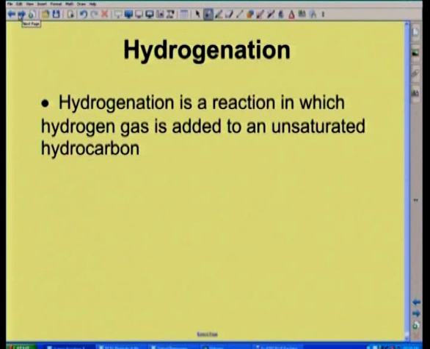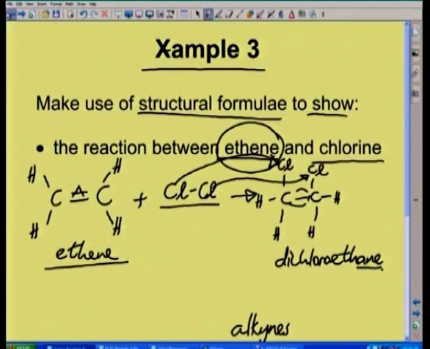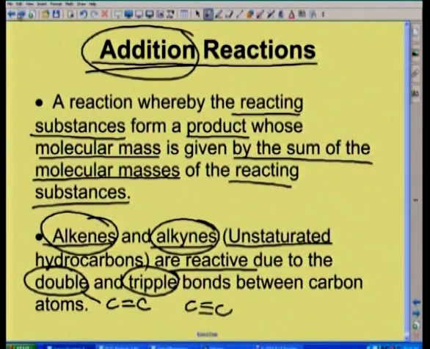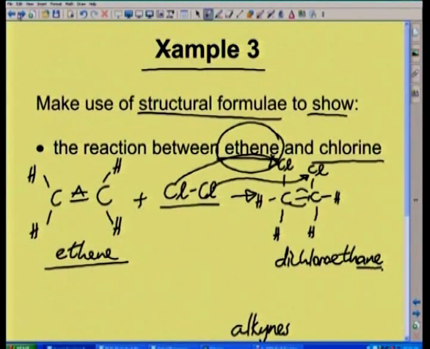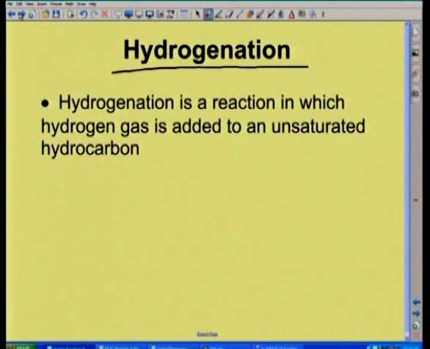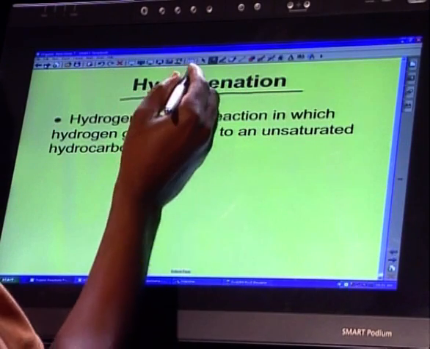Let's now talk about hydrogenation. Remember, we were talking about addition reactions. Okay, we have added there. And now we're talking hydrogenation. Now, hydrogenation is also some kind of addition reaction, but it is special in its way. That's why we call it the way we do. Why?